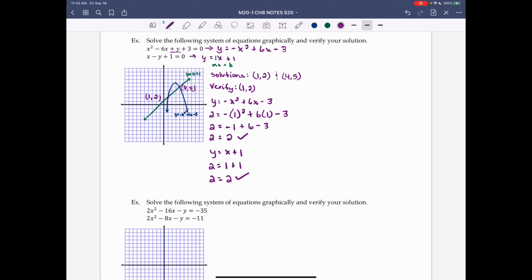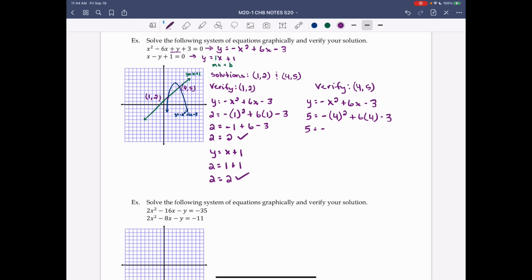Let's verify the point 4, 5. Starting with the first equation again, y equals negative x squared plus 6x minus 3. Subbing in our information, y is 5, negative bracket 4 squared plus 6 times 4 minus 3. 5 equals negative.